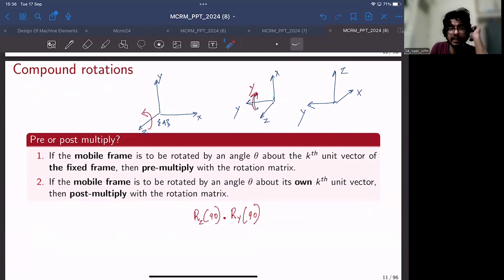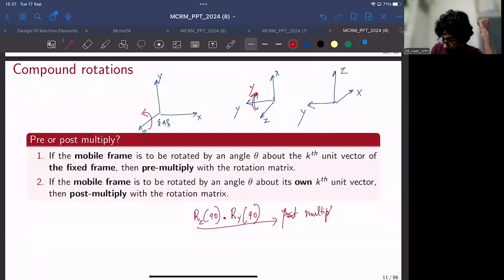So if we are doing any sort of transformation with respect to our current axis, we do post multiplication, right? Post multiplication, when we transform with respect to the current axis, or we call this the mobile axis.